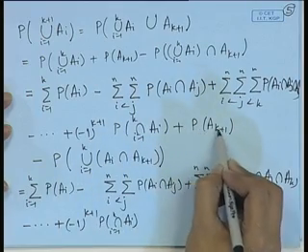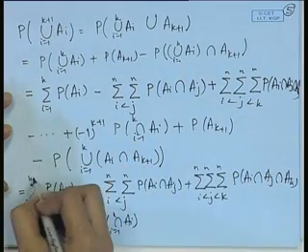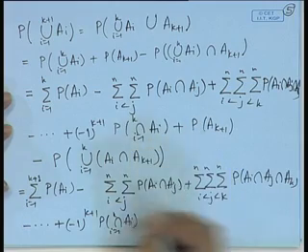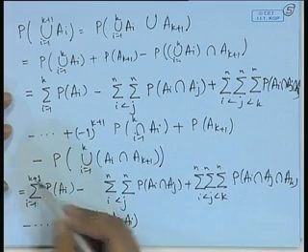Now, this probability of A k plus 1 can be added to the first term. So, the first term becomes probability of i is equal to 1 to k plus 1.